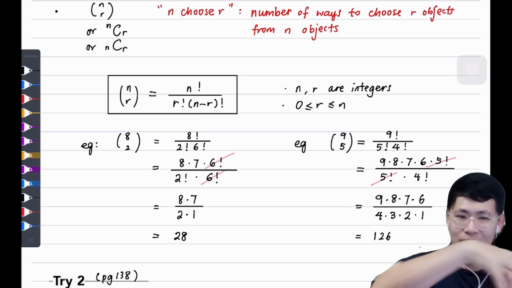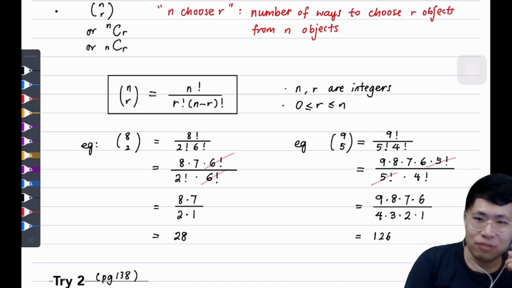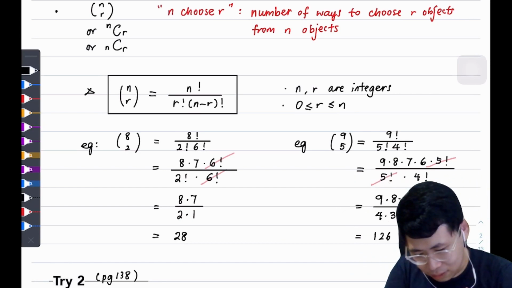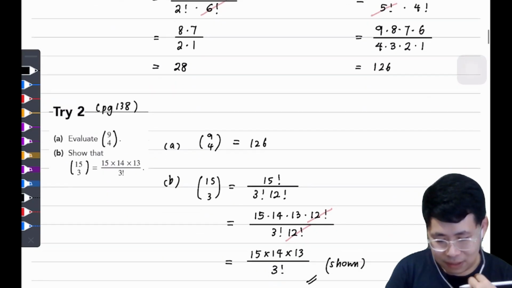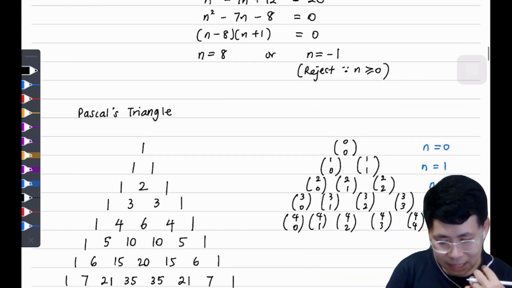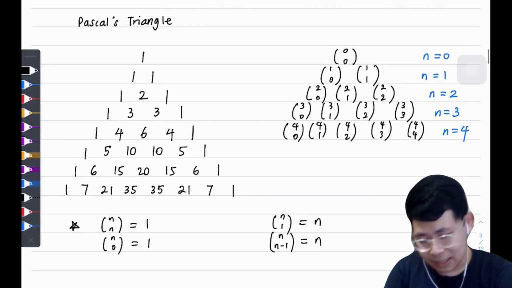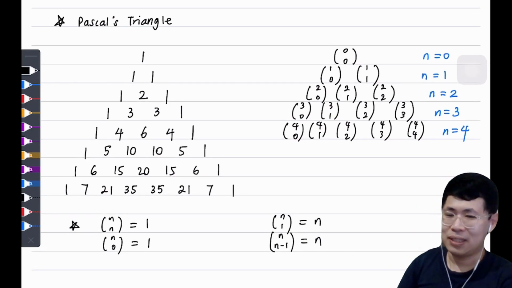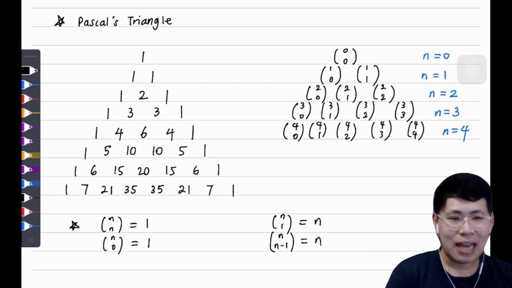Given n objects, how many ways to choose r of them? We have a formula there that I need to star as well, and we have some interesting results at the end which involve Pascal's triangle. This ends the first part of the binomial theorem.